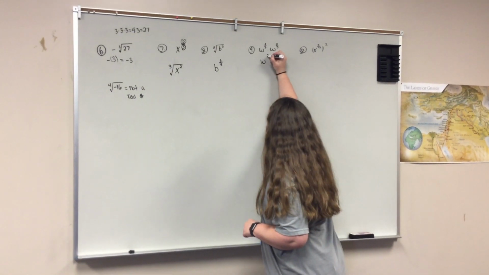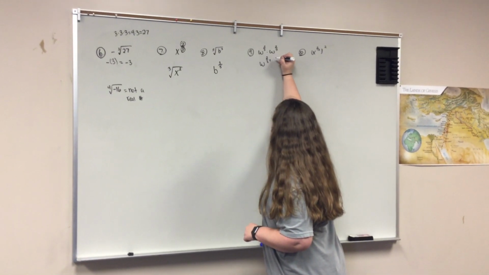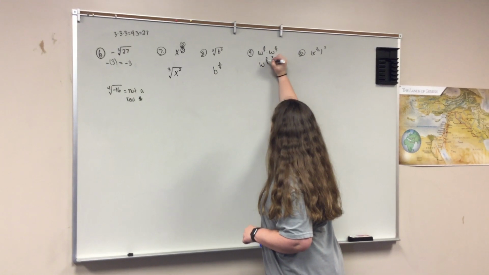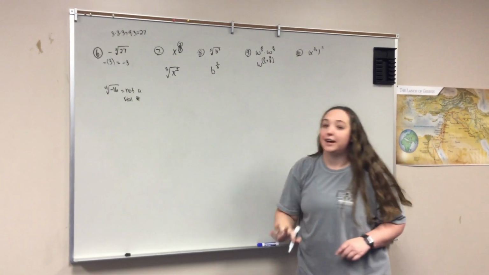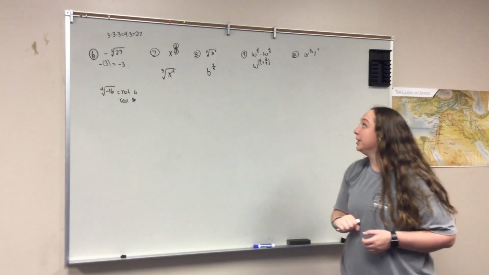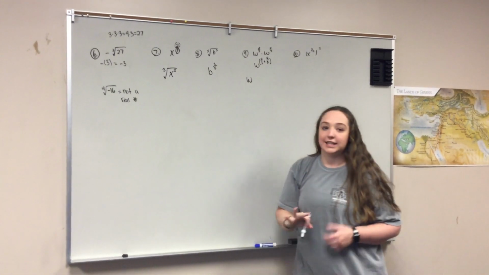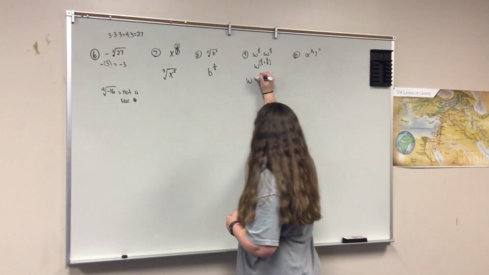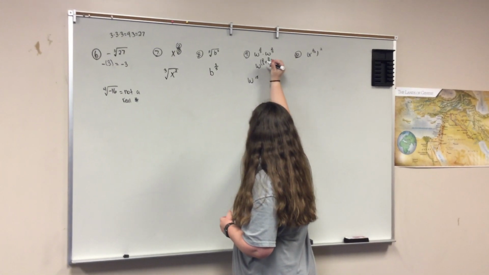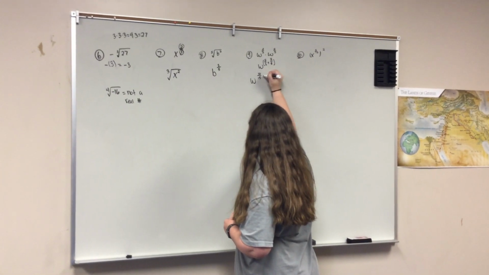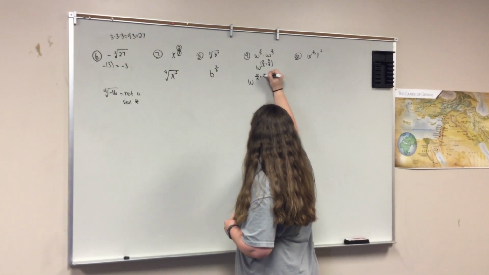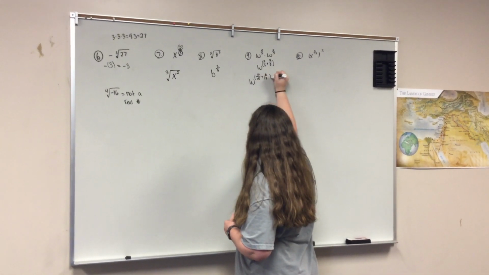So these are multiplied, so we're going to add the exponents. So we have w raised to 2/3 plus 2/5. We need to find a common denominator, and that's going to be 15. 5 times 2 is 10, plus 3 times 2 is 6. And that's also going to be over 15.